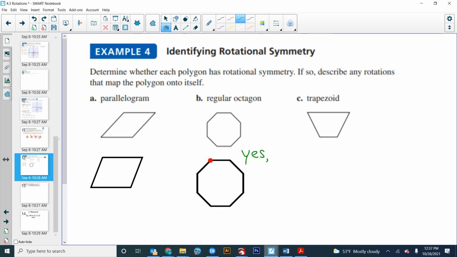So 360 divided by 8. Do you want to do it without a calculator? Do you want a little mental math practice? If you can divide by 2, and then divide by 2 again, you've now divided by 4, and divide by 2 again. So here we go. 360 divided by 8. 45.